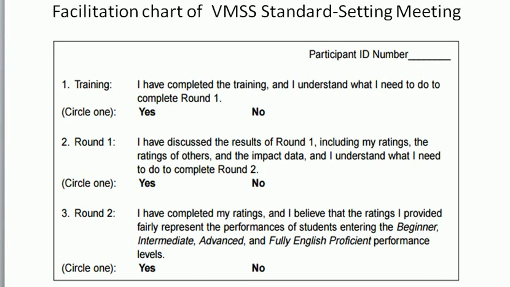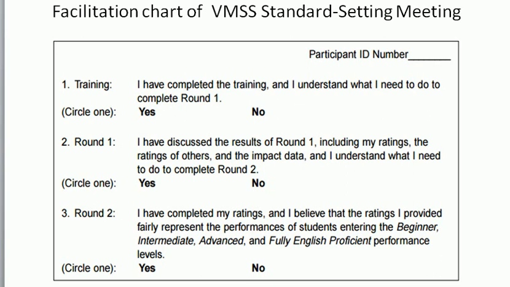And number 3, round 2. I have completed my ratings and I believe that the ratings I provided fairly represent the performance of students entering the beginner, intermediate, advanced and fully English proficient performance levels.